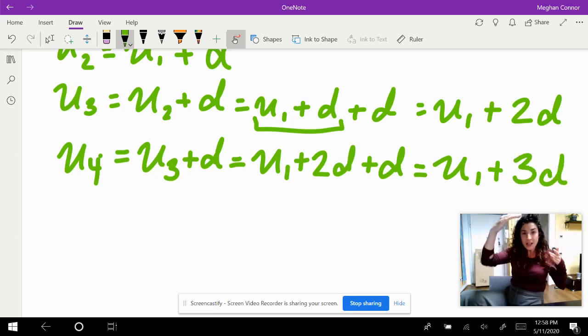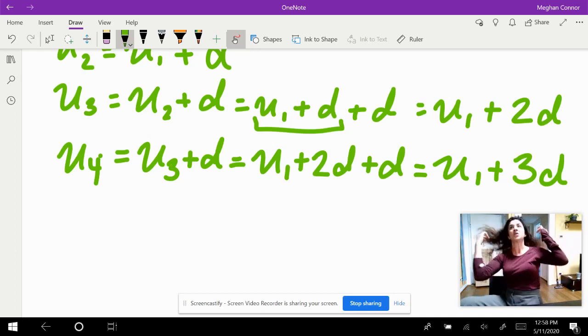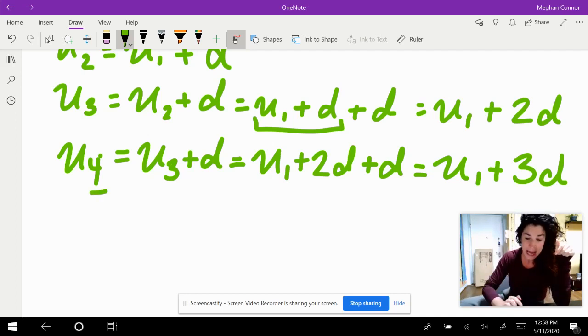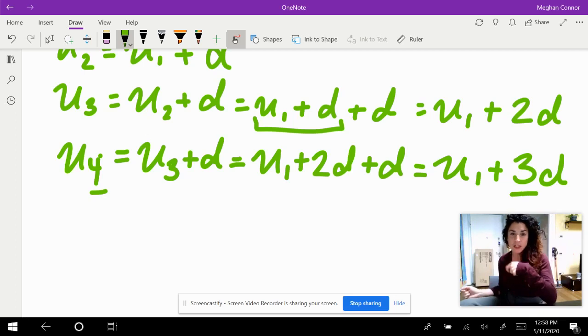Now, as we continue this pattern, we start to recognize things that stay the same. We can always boil it down to u sub 1 at the beginning, our first term, and then notice the relationship of your n term. This is an n of 4, and the number in front of your common difference is 1 less than that.